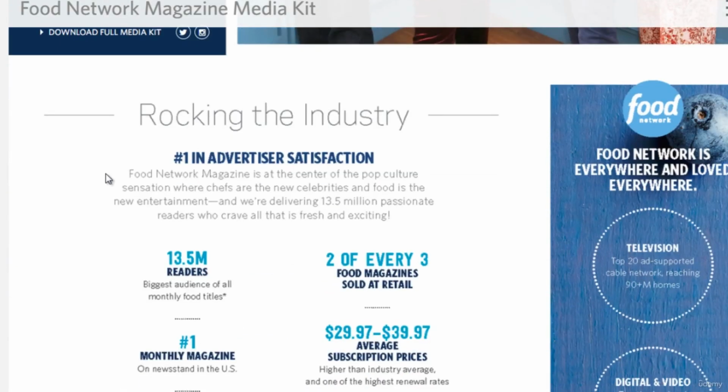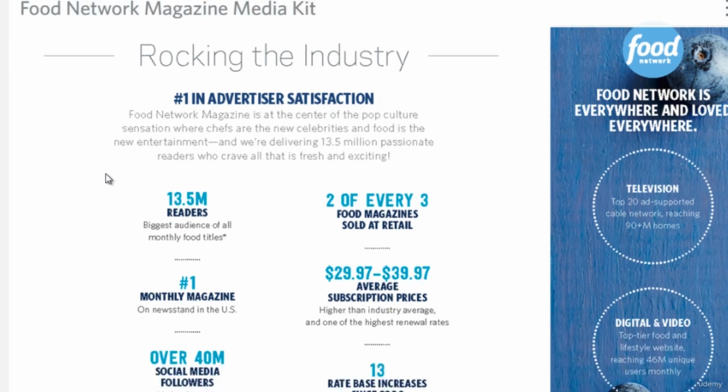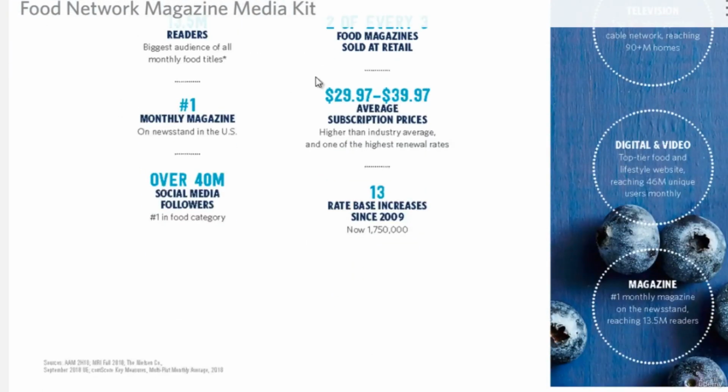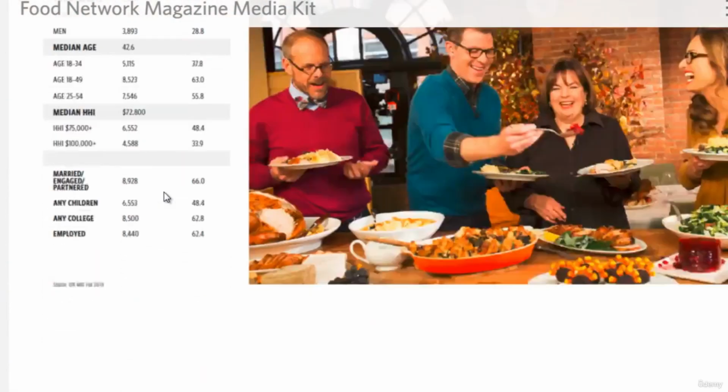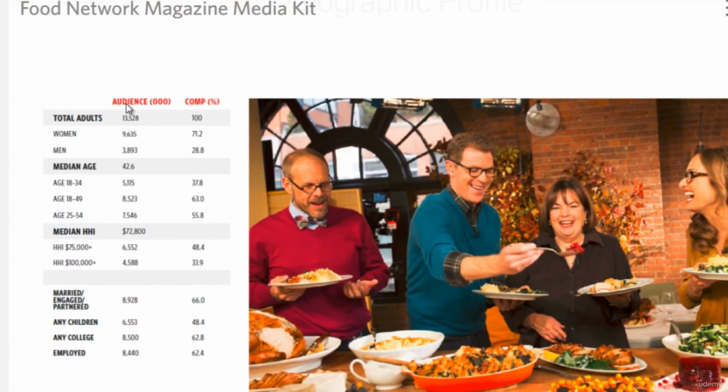Essentially, a lot of these magazine companies want you to advertise, so in order to get you to advertise, they're going to provide you with the demographic information. Besides this data here, sometimes if you scroll further down, it'll tell you stuff like this, like adults, it looks like mainly women, probably 70% women or 90% women actually.